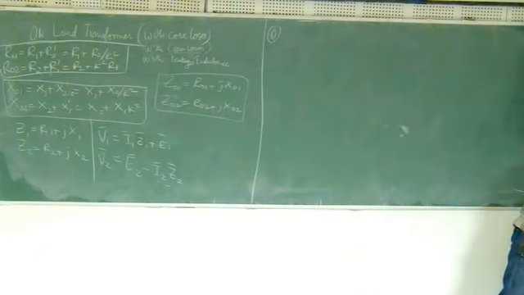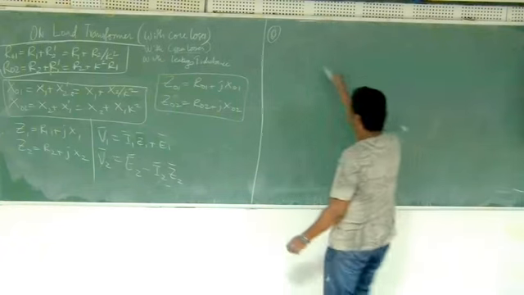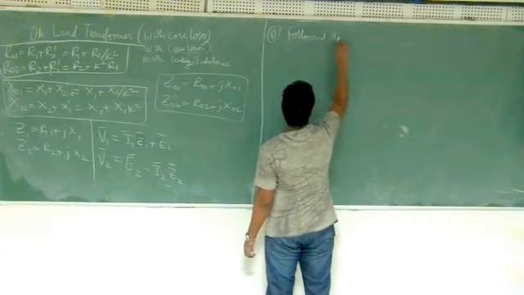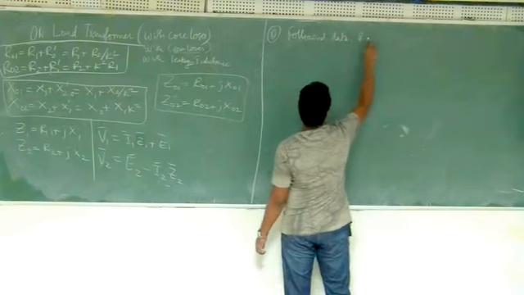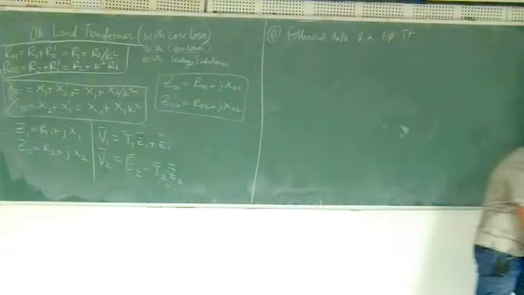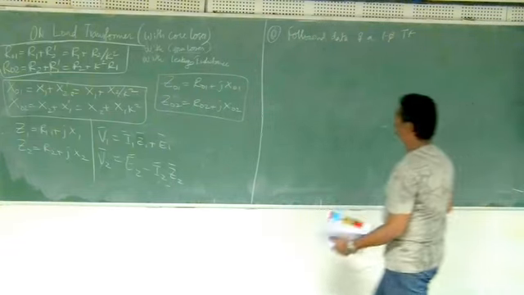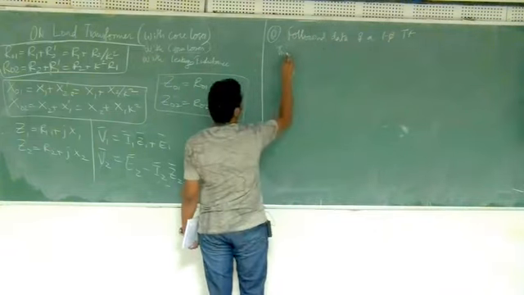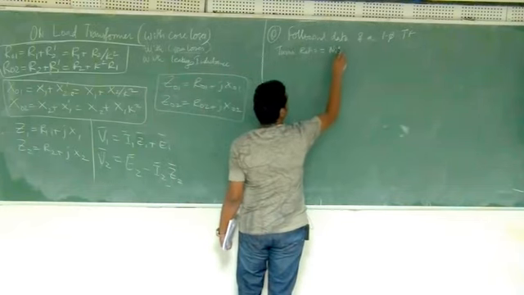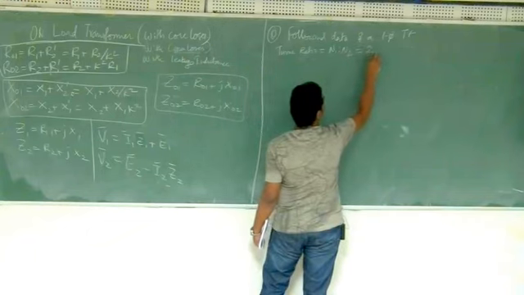The following is the data of a one-phase transformer. The turns ratio N1 is to N2 is nothing but 20 is to 1.